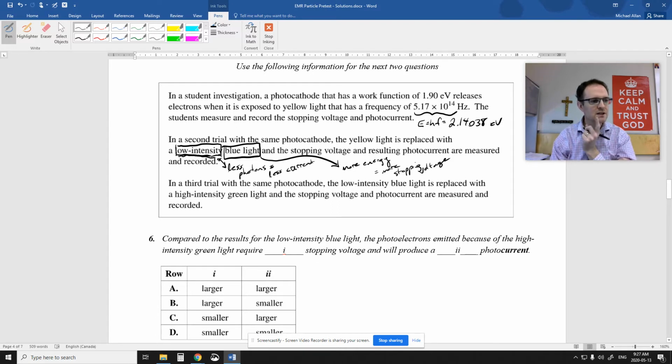So trial 3 here, we use the same cathode again. A low intensity blue light is changed with a high intensity green light. Roy G. Biv. So it still has more energy, right? But high intensity means more current. Okay. More photons, more current. Okay, green light.